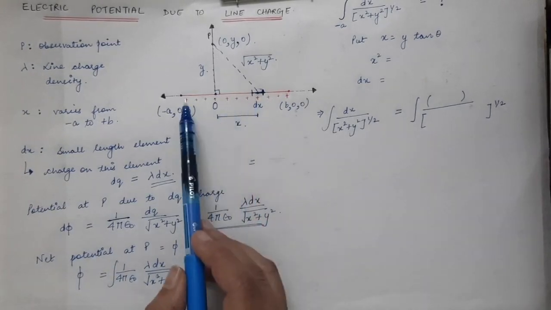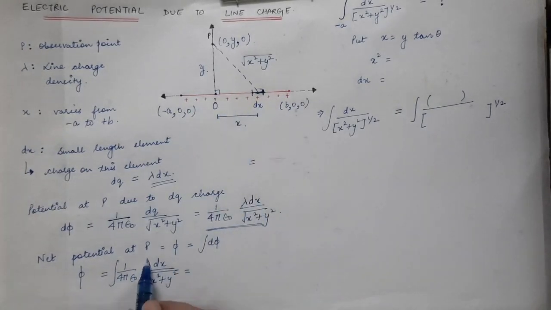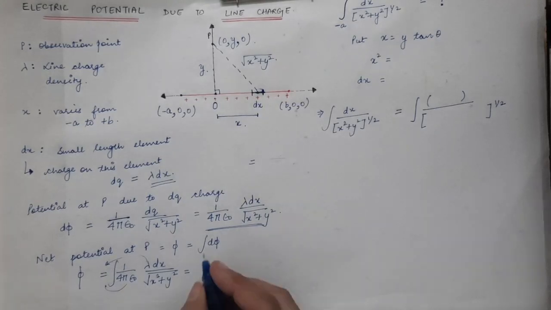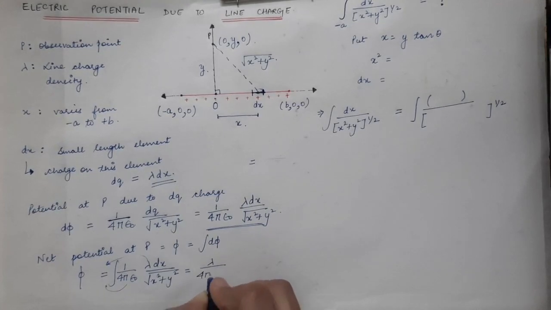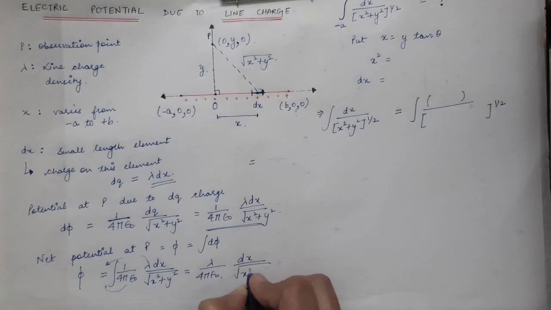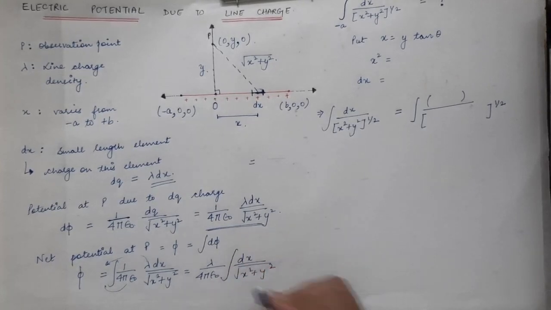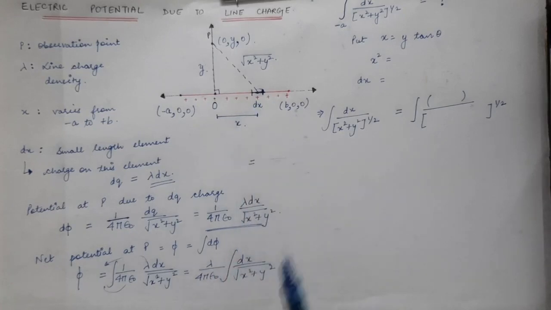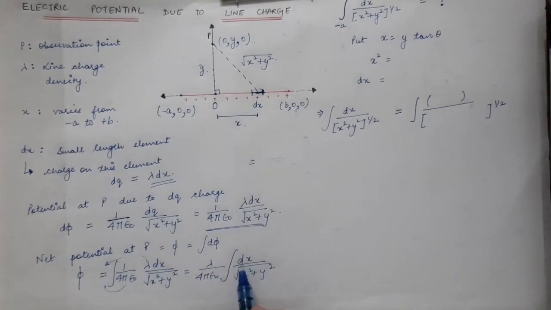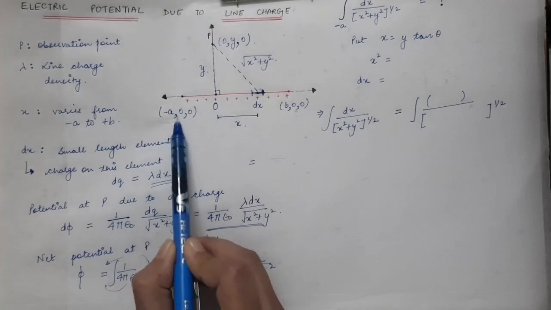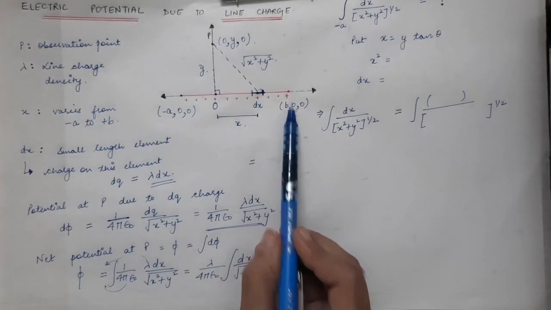So lambda and 4 pi epsilon naught can be taken outside this integral. You will get lambda by 4 pi epsilon naught into the integration of dx divided by under root of x square plus y square. Over here we have to integrate over x. Inside the integral we have dx, which means x is the variable, and x varies from minus a to plus b. So what are the limits of x?